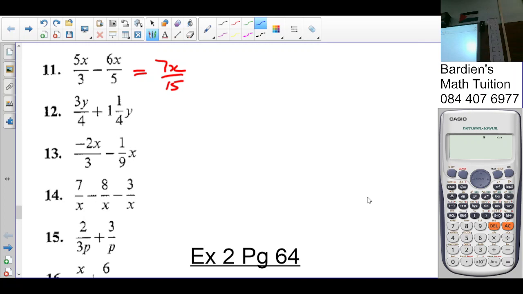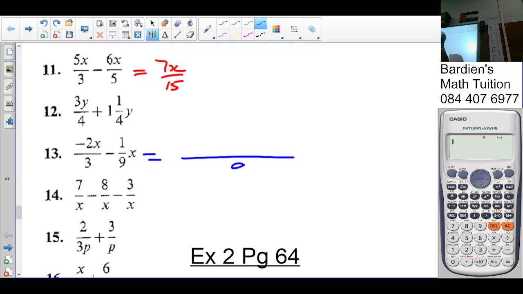Okay. Number 13. What's our answer number 13? 2. You all agree with 2? 2x over 18. Let's check. Okay, so hang on. Negative 2x. So what's our LCM? What's the LCM? Okay, with 3. 9 going to 3. So what you do is you check the biggest denominator. Okay, settle down. The biggest denominator is 9. 3 going to 9.